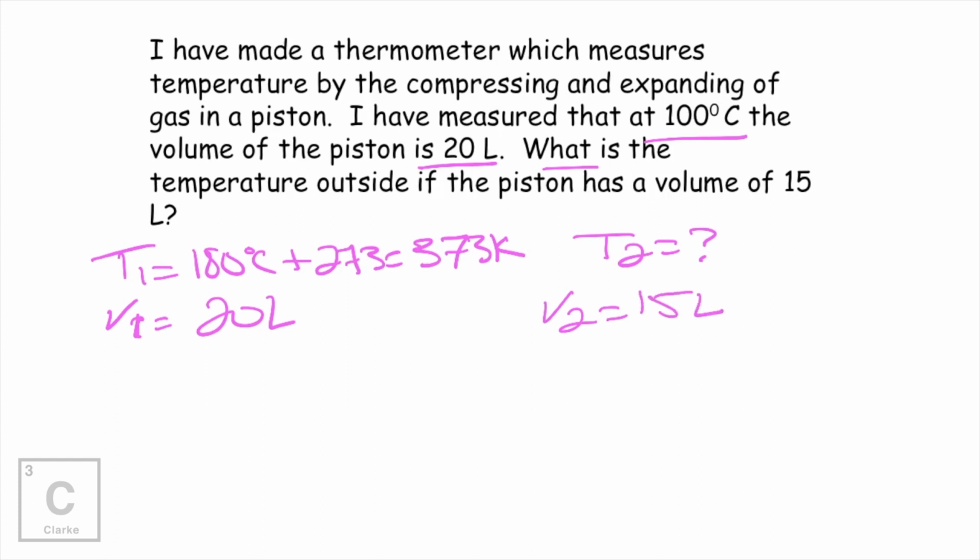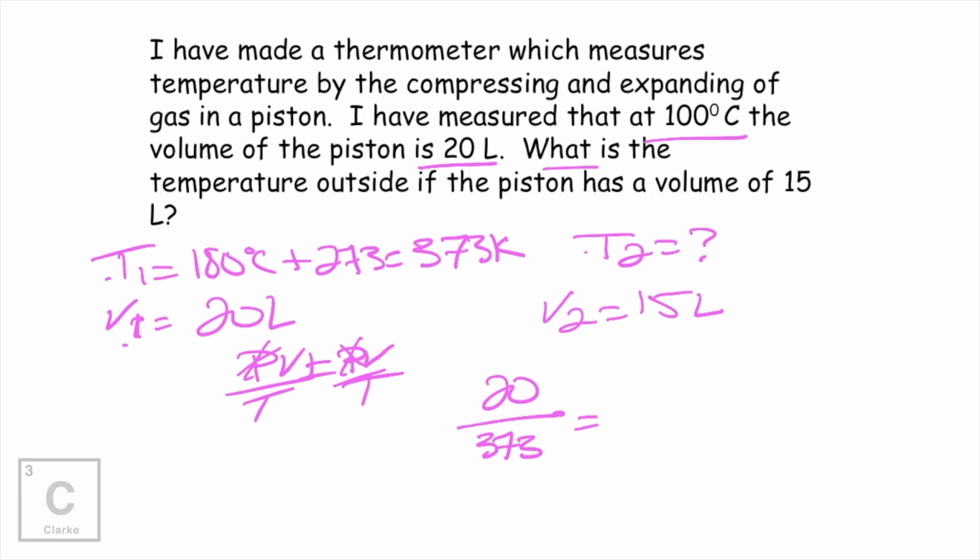Again, if we're going to use the combined gas law, PV over T equals PV over T. We've got temperature, volume, but we don't need pressure, so we can just cross it out and not use it. Pressure must have stayed constant. Volume is on top, so I'm going to put 20 on top. Temperature is on bottom, so 373 on bottom.